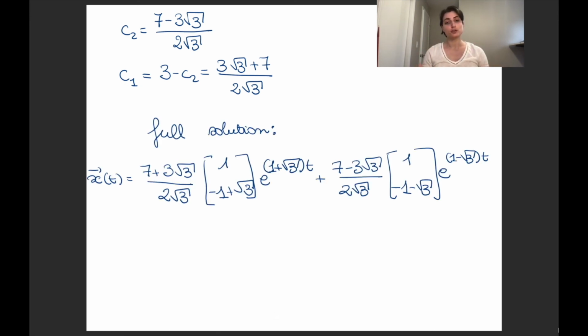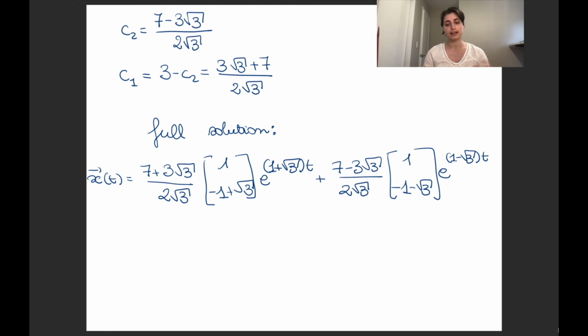So the full solution is x equal to c1 that we just computed times xi1 that we have known times exponential of the first eigenvalue multiplied by t, plus another coefficient, another eigenvector, exponential of the other eigenvalue times t. Notice how at some point we have chosen one specific eigenvector.